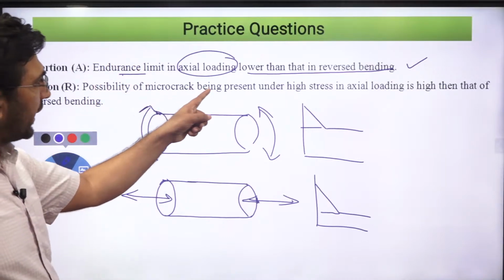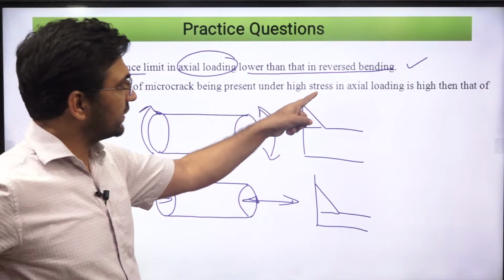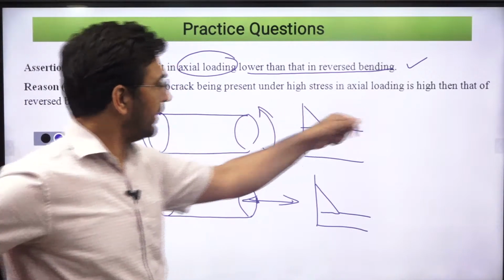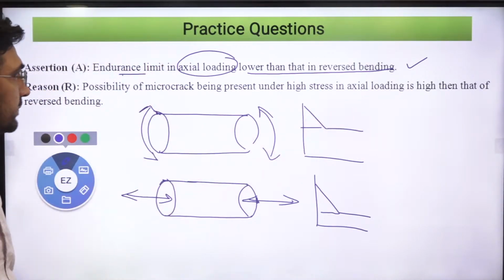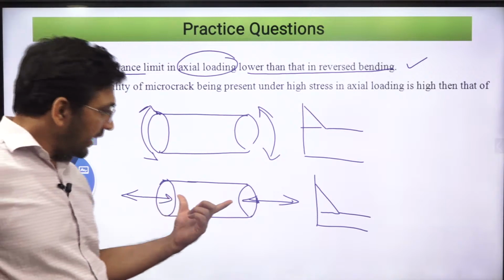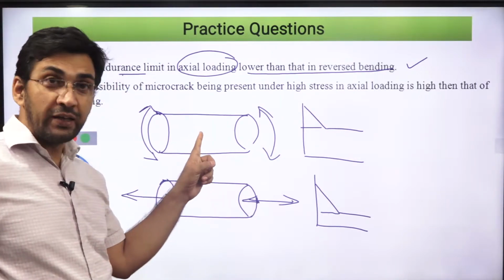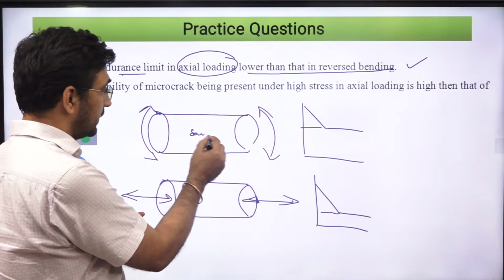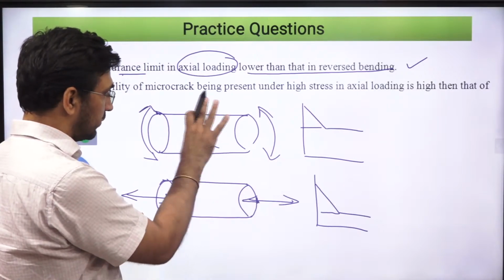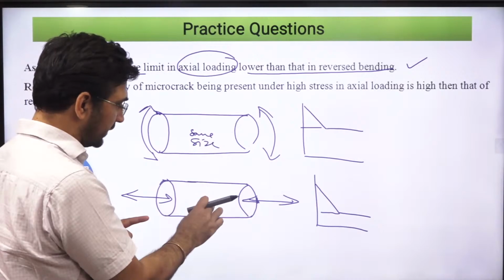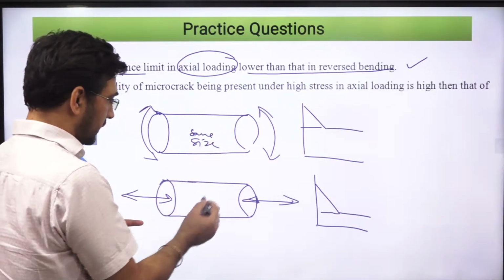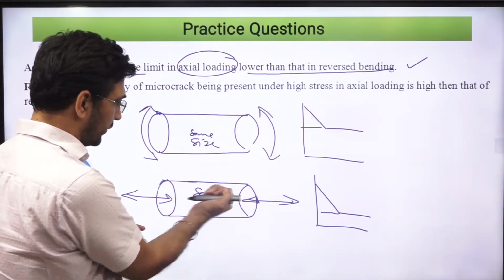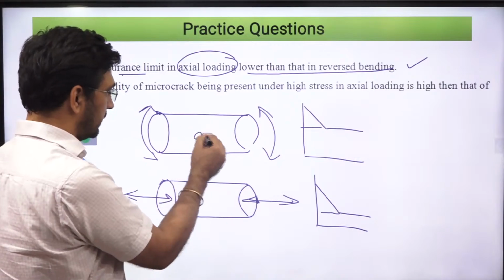Possibility of micro crack being present under high stress in axial loading is higher than that of reverse bending. This says there is a higher possibility. Keep in mind, the size is the same. I am not changing the size. Whatever the size, this and this are the same.